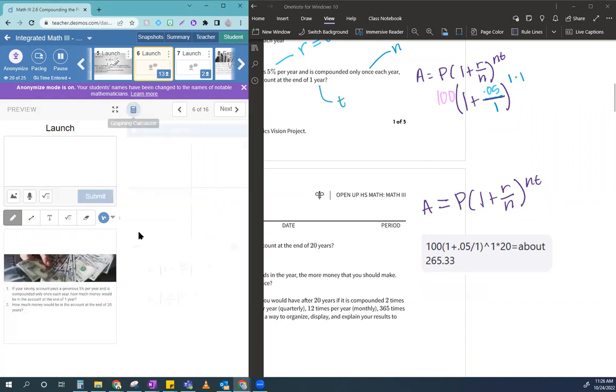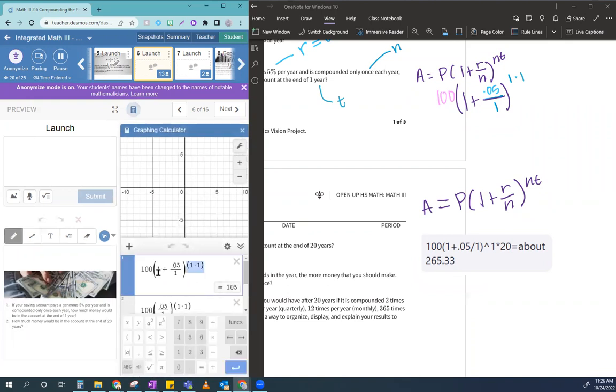In reality, I can just take that same equation and copy it. Ignore the second one. The 100's the same, the 1's the same, the 0.05 is the same, and it's just this last one right here. It's just a 20. Very good. 20 goes in that t spot, Miss Johnson.